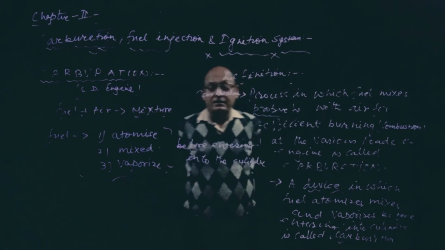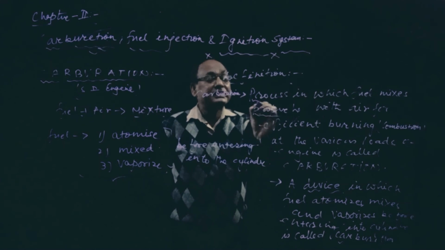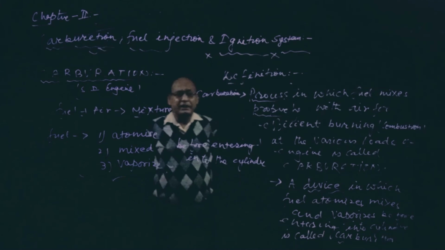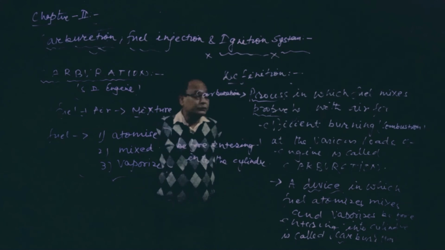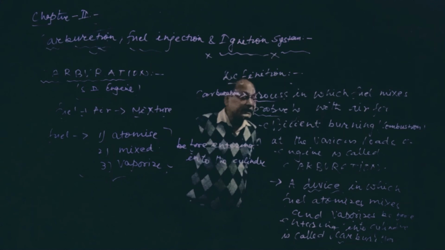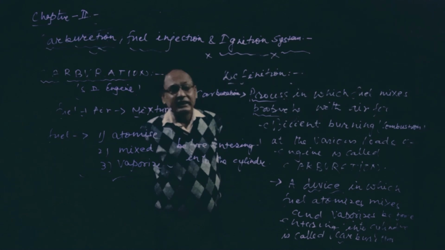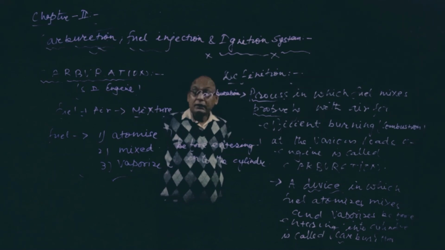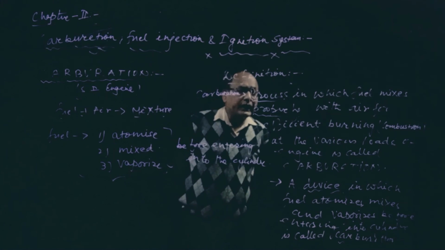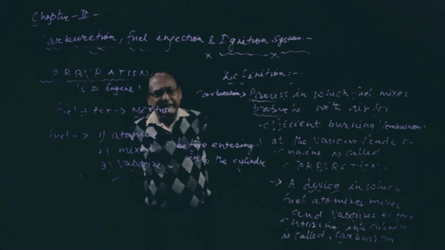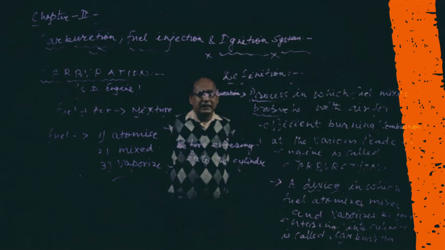The device where this process takes place, the proper mixing of air and fuel as per the requirement, in which fuel atomizes, mixes and vaporizes before entering into the cylinder, is called the carburetor. From the carburetor it goes into the cylinder.